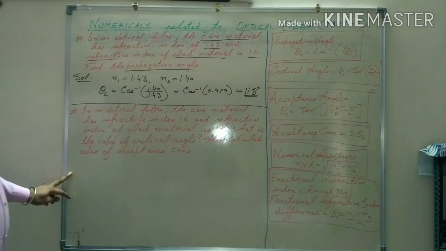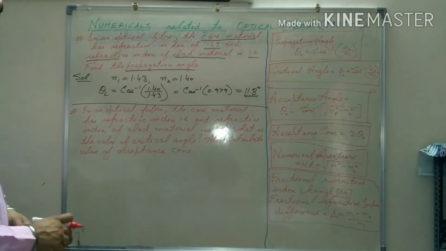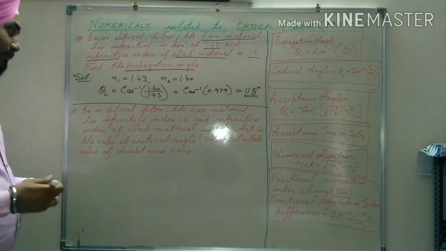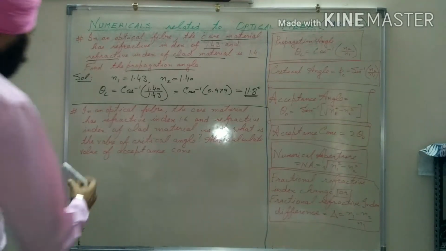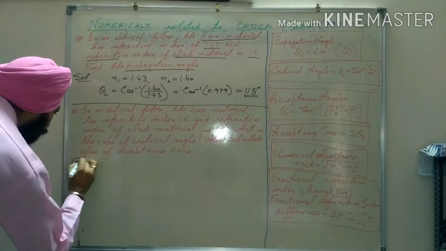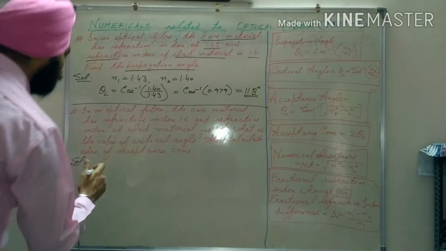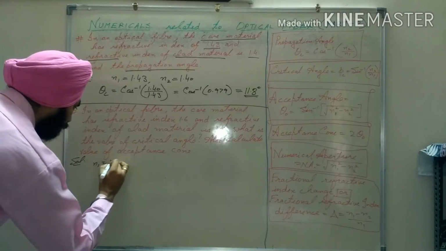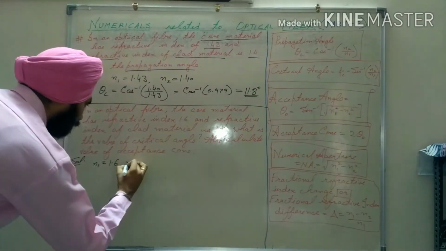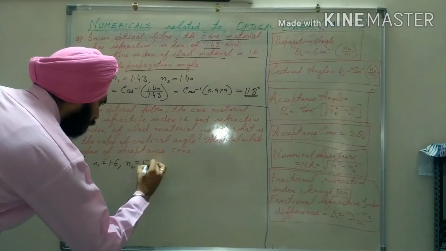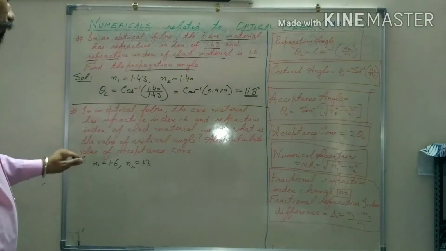This is the next numerical. Okay, in this, what is given? The core refractive index is given. Core refractive index is n1, that is 1.6. Cladding refractive index is given, that is 1.3, right? And what is the value of critical angle?